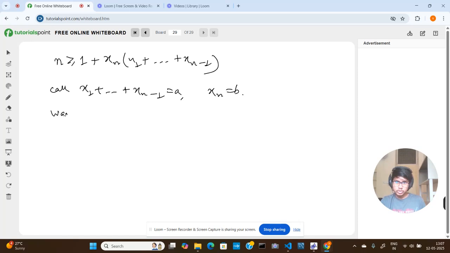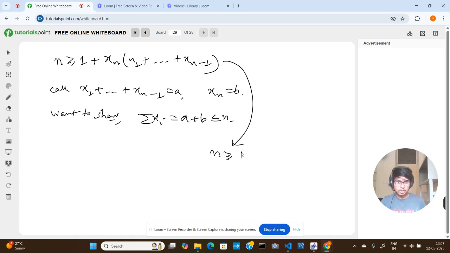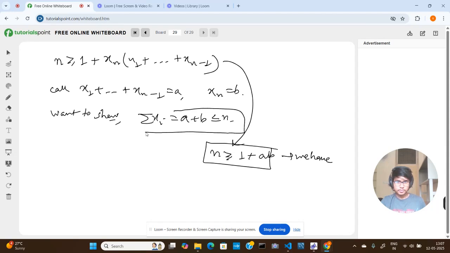We want to show the summation xi, which is a plus b, is less than or equal to n. And we have n is greater than or equal to 1 plus ab. This is what we have, and this is what we want to show: a plus b is less than or equal to n.